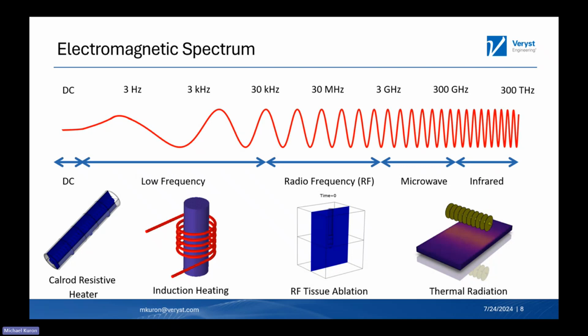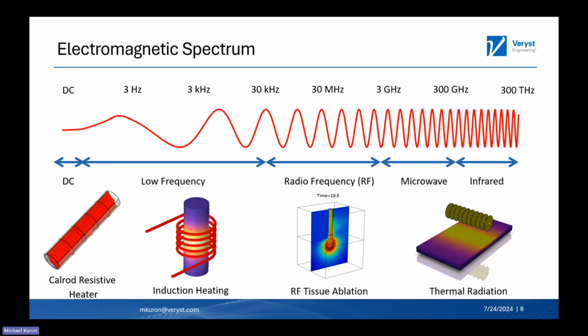And a common application here is RF tissue ablation. That's the example, if I show this animation again, of applying an electrode to tissue in the body and applying an RF electromagnetic field to provide localized heating to eliminate or ablate tissue, either in cancerous regions or in blockages in arteries and veins, for instance.